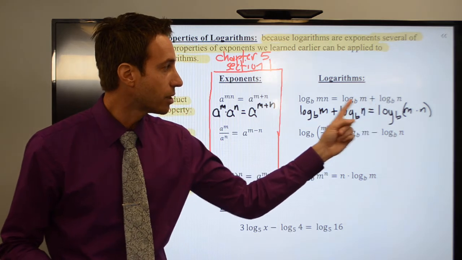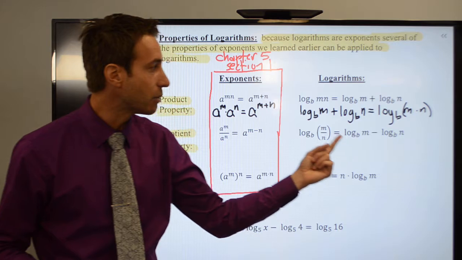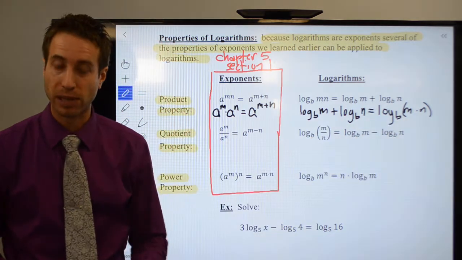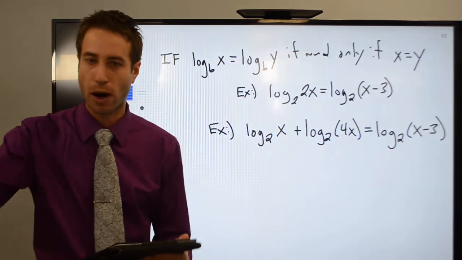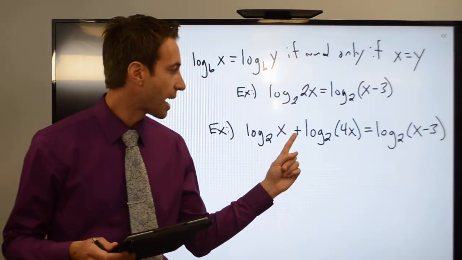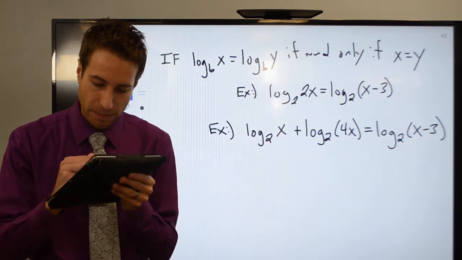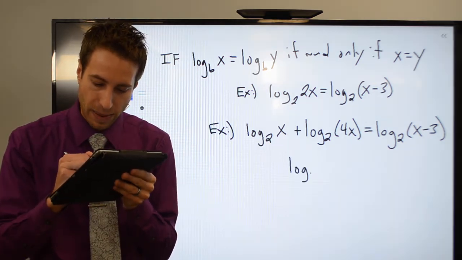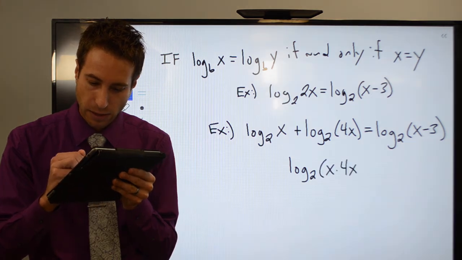I've got the addition, log base b of m plus log base b of n. That can be rewritten as multiplication. So if I go back here, what you guys can quickly see before I move on to the next ones is because I have addition right there, right, and the log bases are the same, it can be rewritten as the log base 2, right, of x times 4x, right?